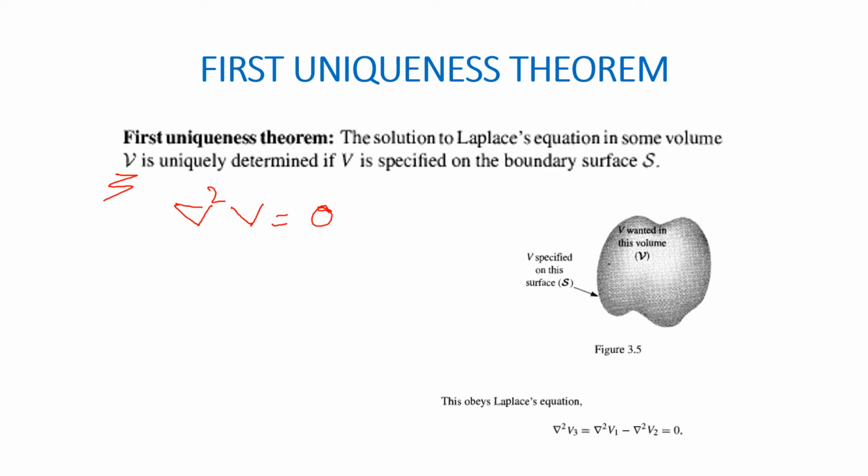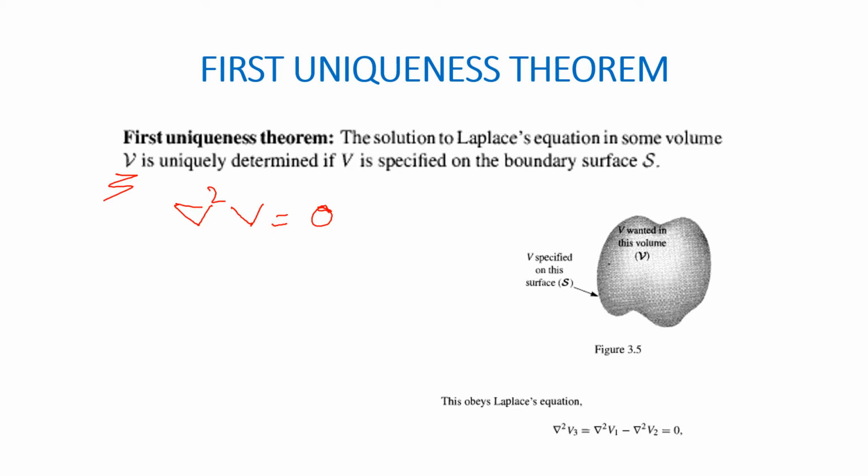So there will be only one solution for Laplace equation in this entire volume. If the solution of Laplace equation is specified on its boundary, then the solution inside the volume is uniquely determined. That means only one solution inside this volume.